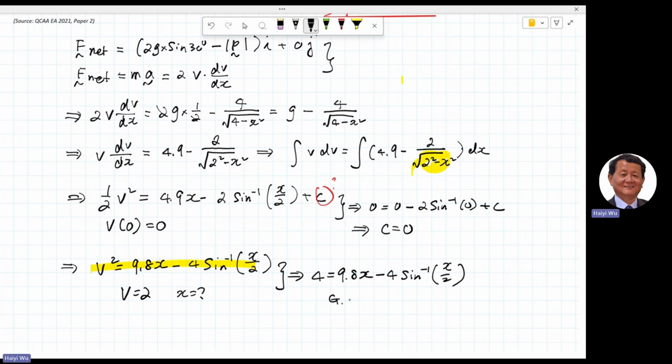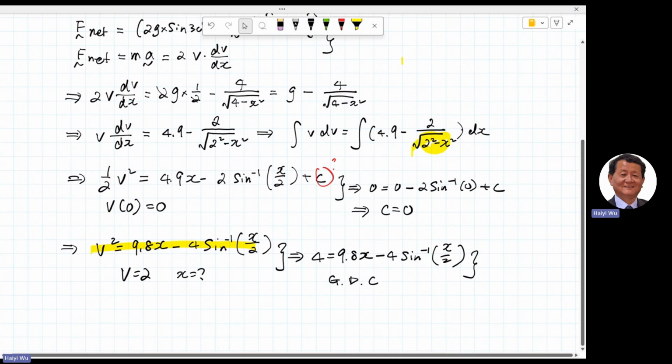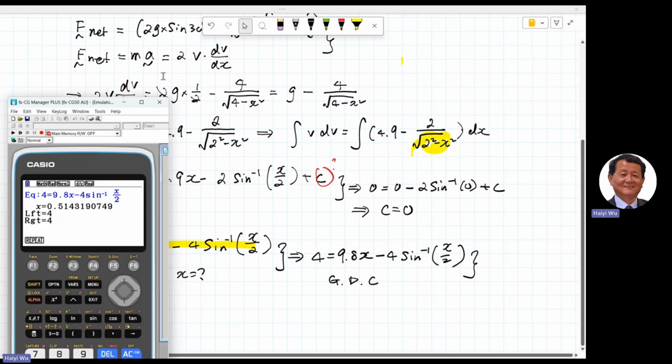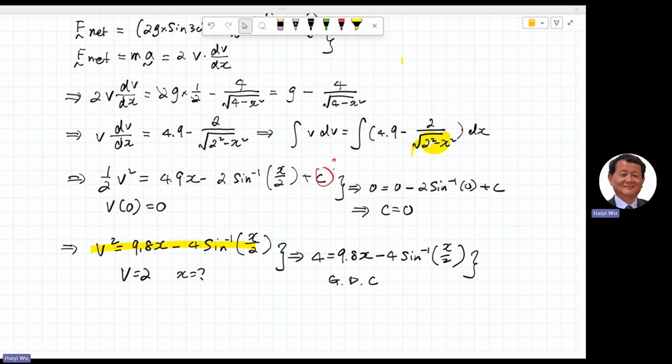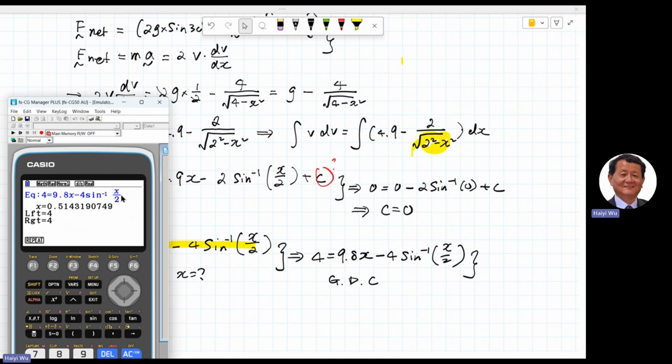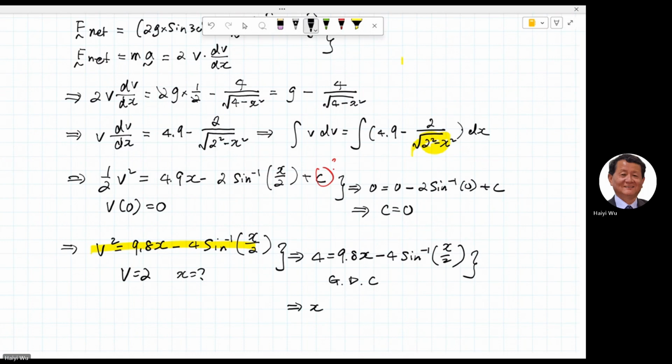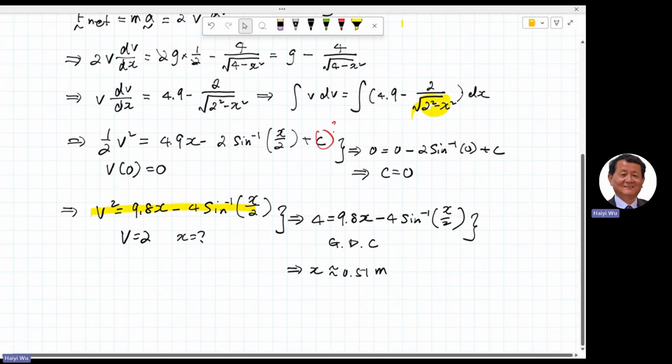I'm going to show you my graphics calculator calculation, which I solved previously. You enter it into the graphics calculator, and x is approximately 0.51 meters. So when the velocity is 2, the distance traveled is about half a meter.